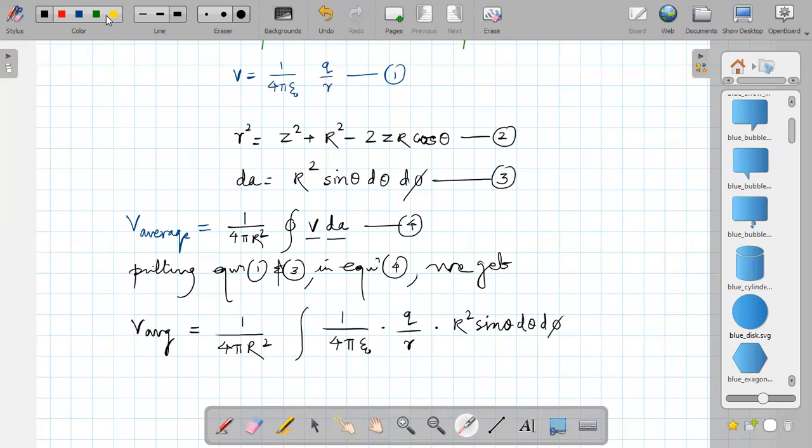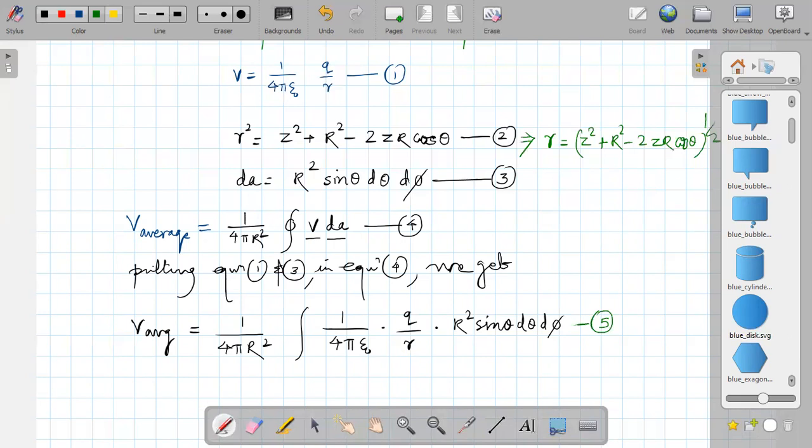I'll write here, the next equation number is suppose 5. From equation 2 it implies that small r is equal to z square plus R square minus 2zR cos theta raised to half.